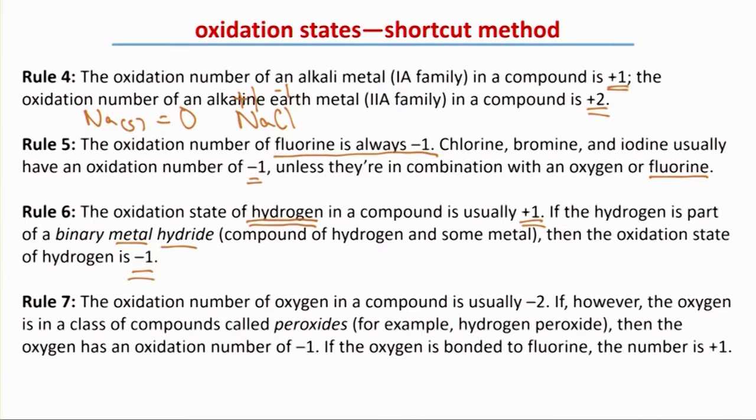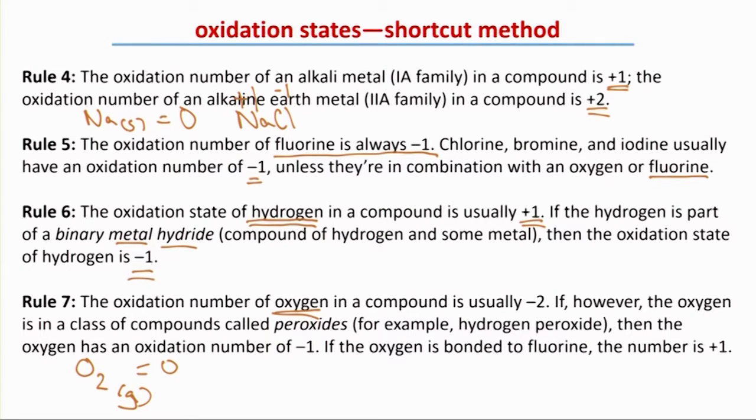We also will have an example when you have oxygen. Oxygen in a compound is usually -2. So here you go, you have oxygen gas. Now oxidation state there, it's just oxygen by itself, so its oxidation state is 0.